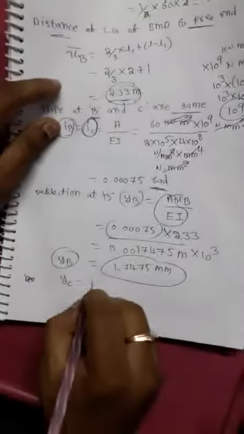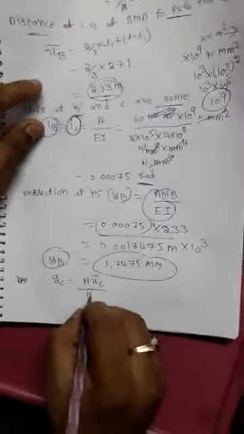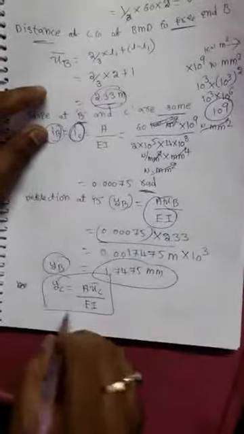Okay, the YC formula is A X bar C by EI. This is the formula.